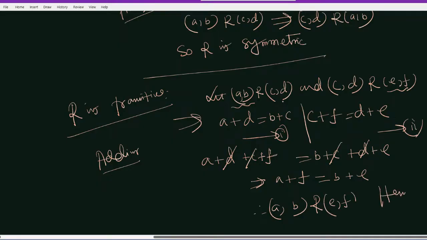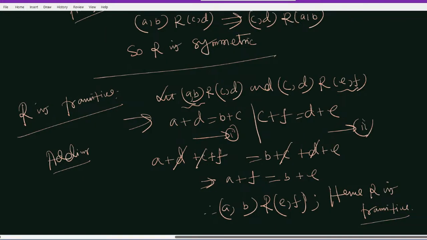Hence, R is transitive. Okay? So you have proved that it is reflexive, symmetric, and transitive. So it is an equivalence relation.